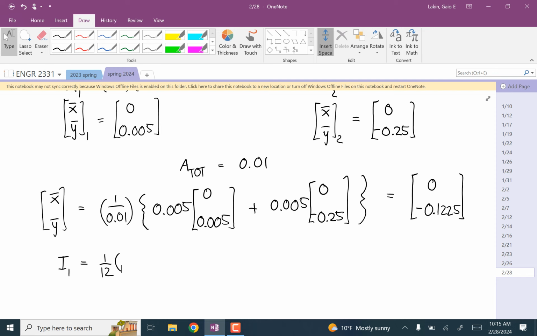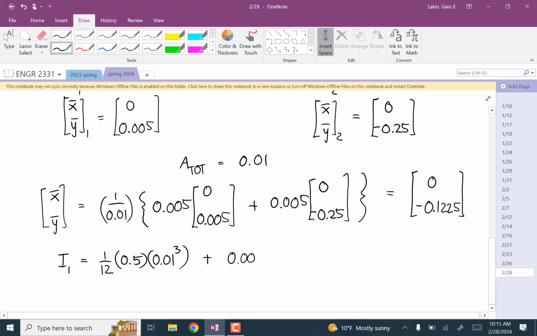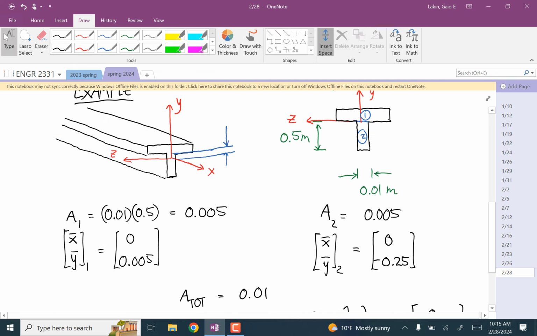Okay, so the base is 0.5. The height is 1 centimeter, and that's cubed. And then we're taking that times the area of piece 1 times the distance squared from the centroid of piece 1 to the overall centroid. So that's going to be 0.005 to get from the centroid of the top rectangle down to the bottom of the top rectangle. And then another 0.1225 down.